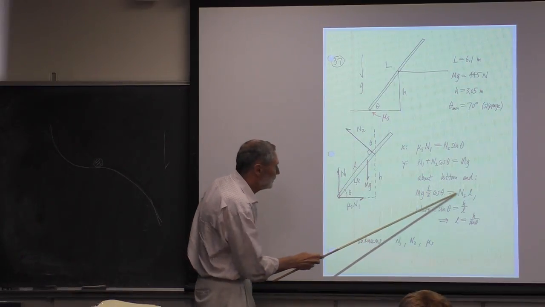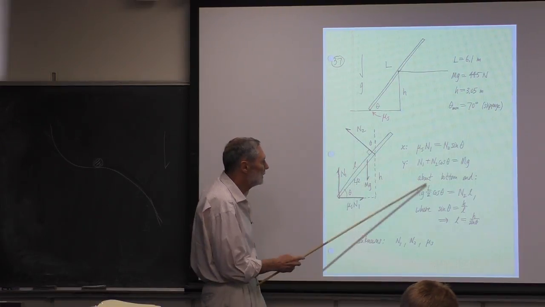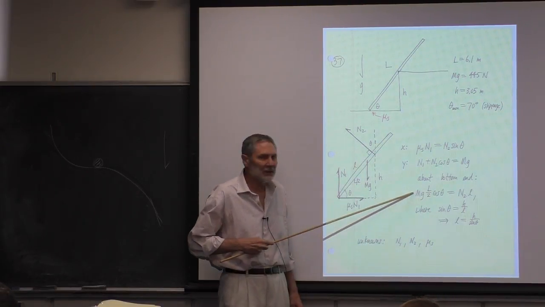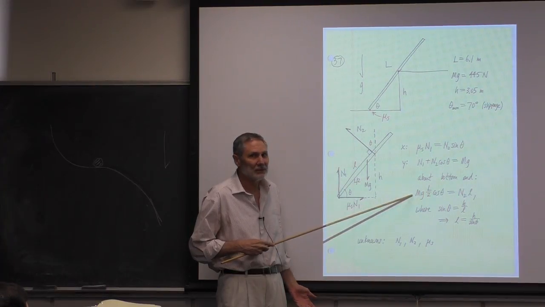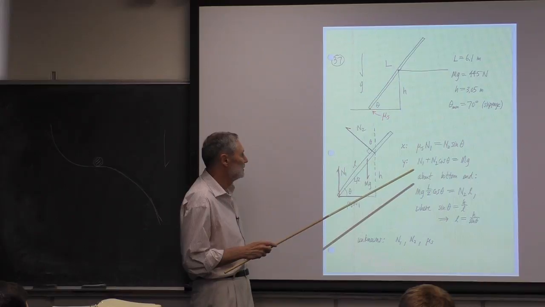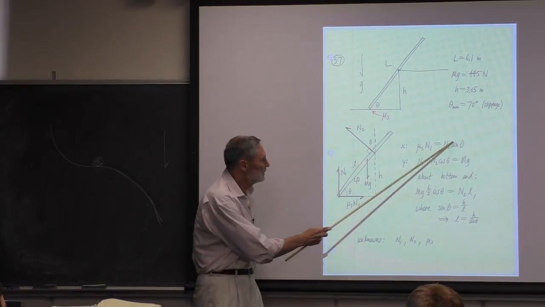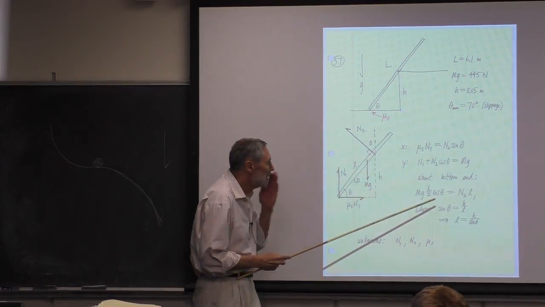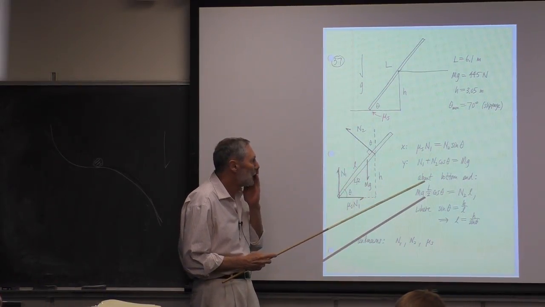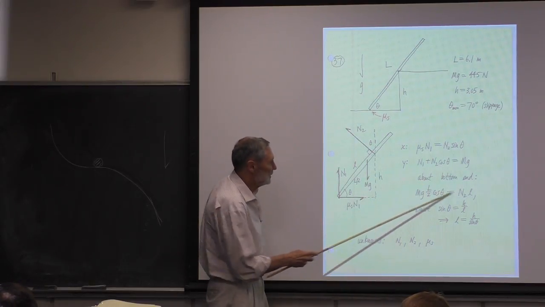So we know L. Once you look at this equation, oh, look at this. How many unknowns in this equation? It's just N2. Now I know you'd like to save yourself some time and trouble and just solve for mu s, but you can't do it here. It appears in this equation, and there are two other unknowns in that equation, so forget that. This is the equation to look to because there's just one unknown.